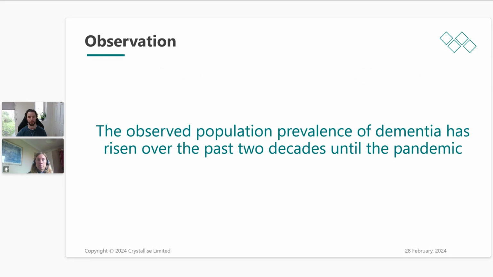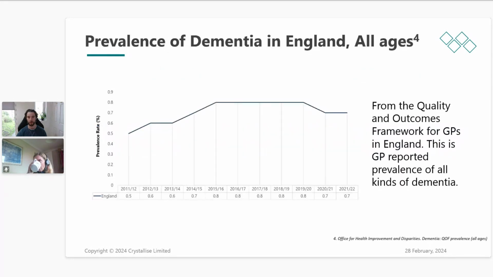This can be observed in various population data sources. One being the Quality and Outcomes Framework, which is essentially when GPs report on the prevalence of dementia.